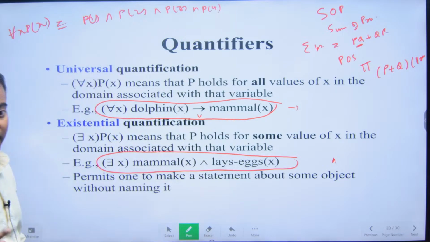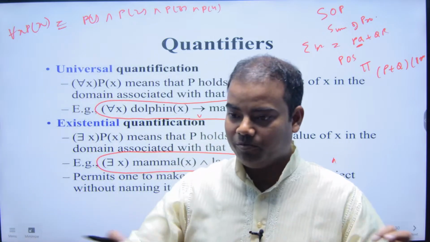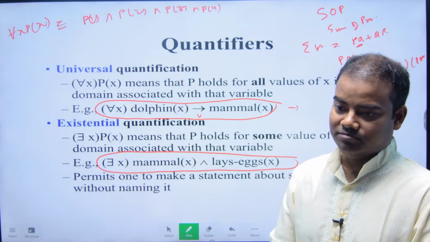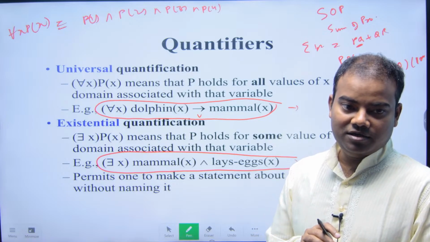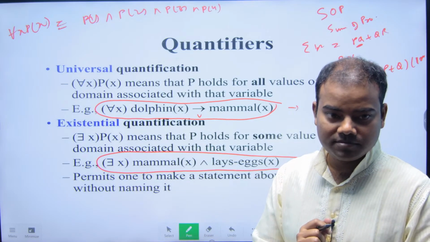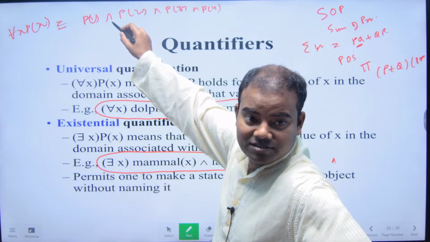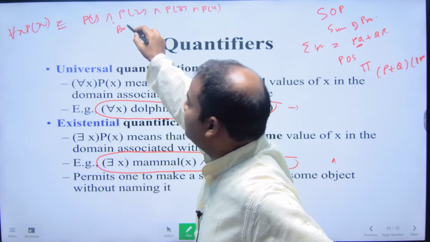Means for all x, Px means it is true for all values. Whatever input you put in the variable, it is true for all. Is it clear? So here it is and, means product.